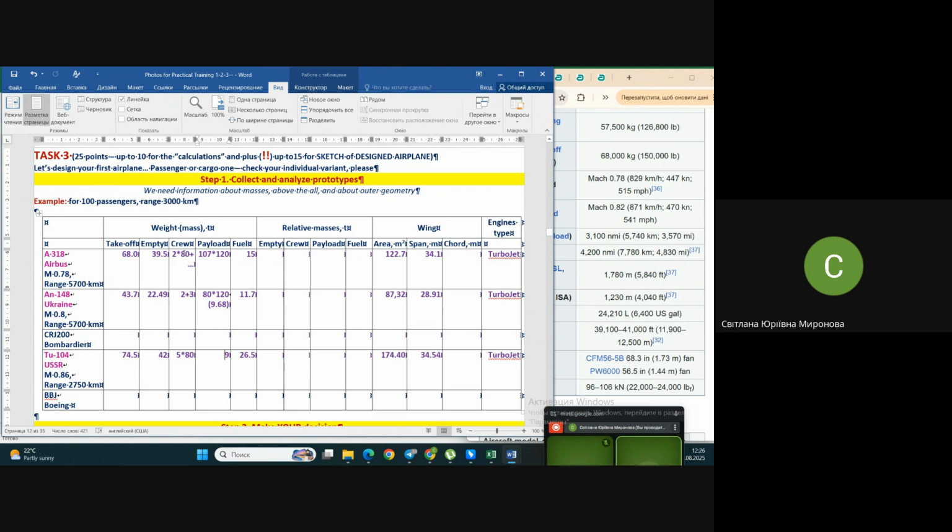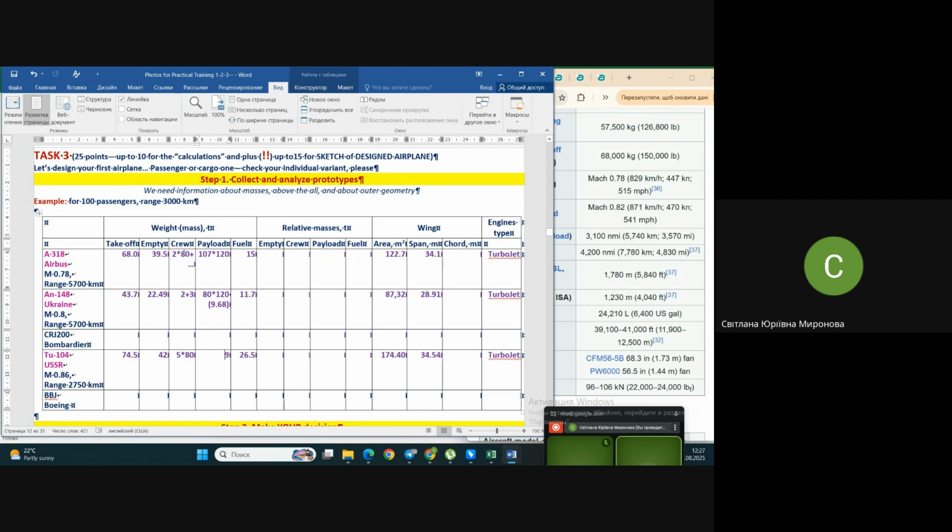In economy class, it's maybe even 50 passengers per steward. In business class, let it be 25 people served by one steward. And in first class, practically one by one. Not quite like this, of course.